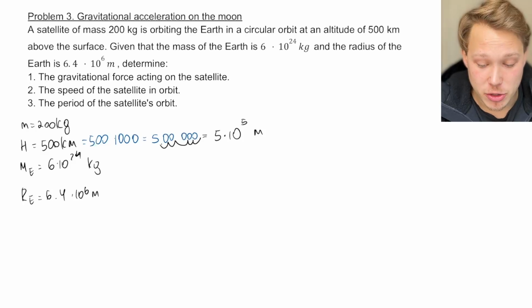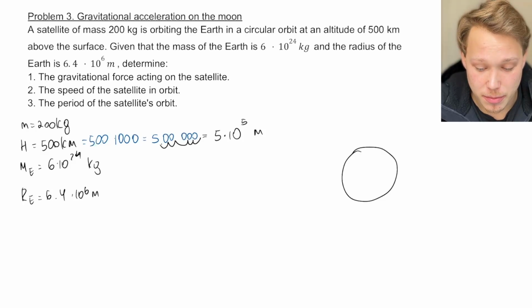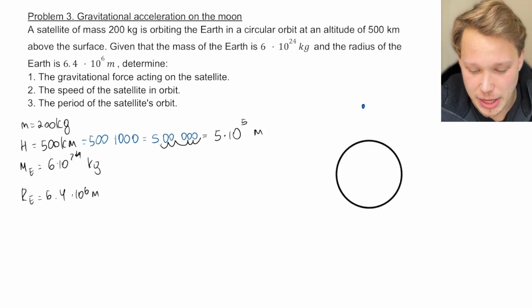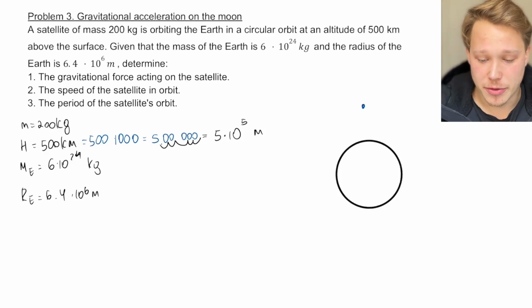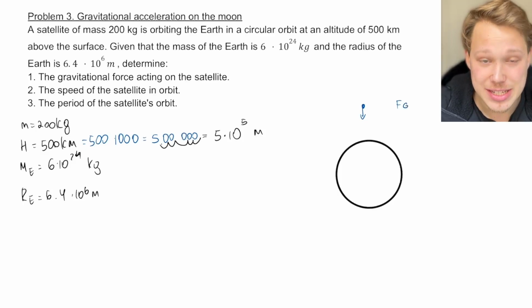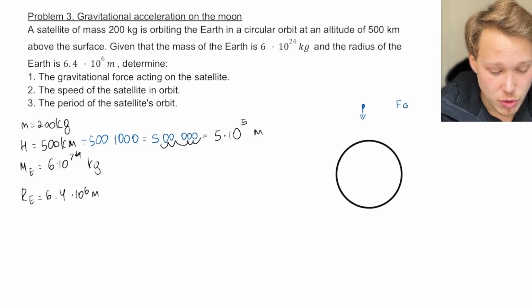Now, let me do a sketch for this problem. For any physics problem, you will basically always do a little sketch, right? Now, here's our beautiful planet and the satellite that is orbiting around it. Now, the only force that the satellite is really experiencing is the gravitational force, which we have to calculate in the first part.